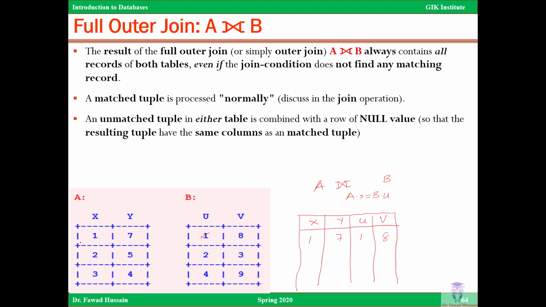And then I take the second row, 2 and 5. Is there a matching entry? Yes. And then I have 2 and 3. And then I move on to the next row, which is 3 and 4. So I write 3 and 4. Is there a matching entry? No, there is no matching entry. So I'm going to write a null and a null.